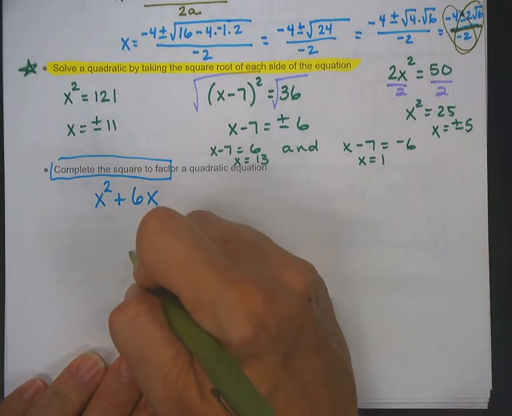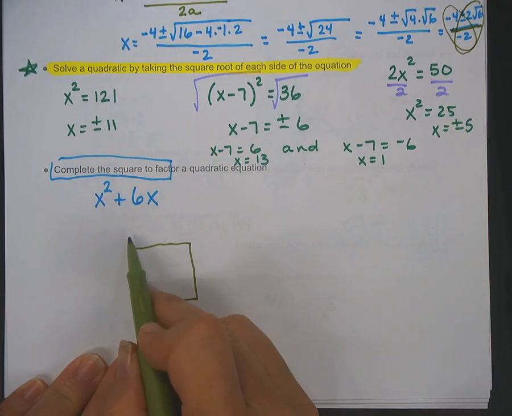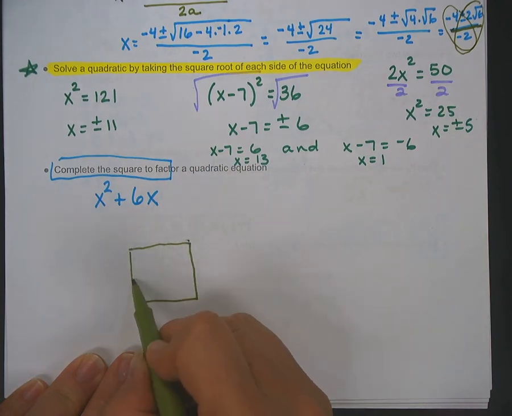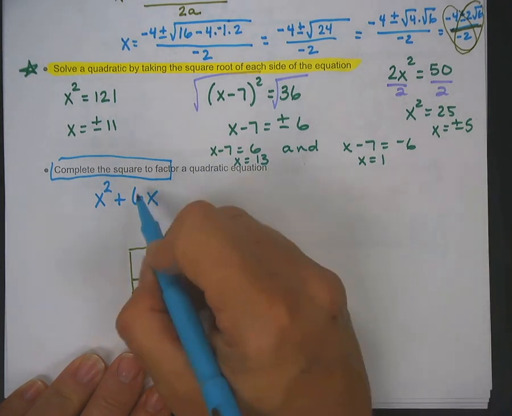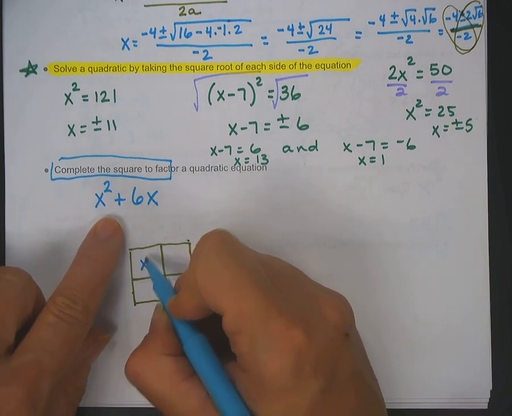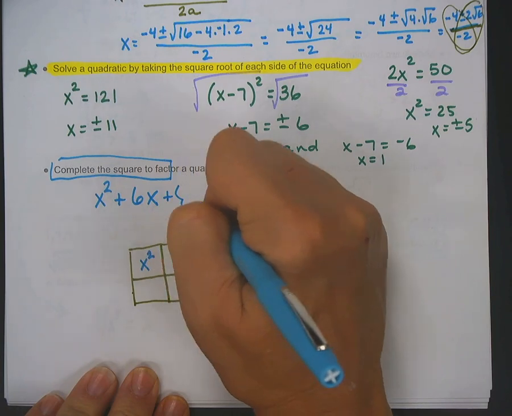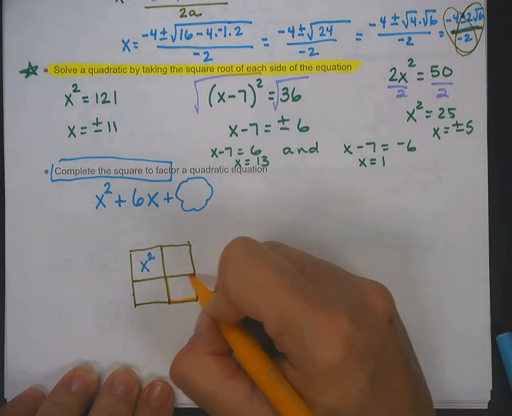So completing the square means we are going to make a perfect square box, meaning this dimension and this dimension are exactly the same. And we're going to start building our polynomial like we did before. We put the first term in this upper square. And in this case, we don't know what's down here in this box.